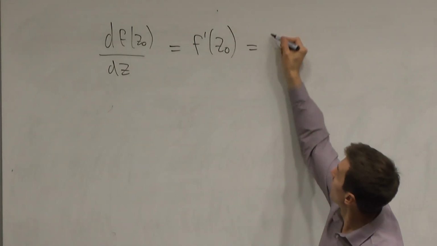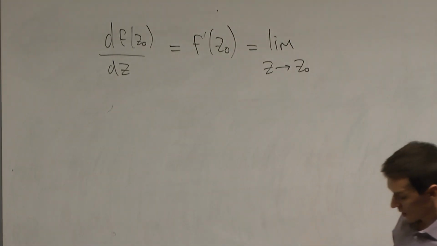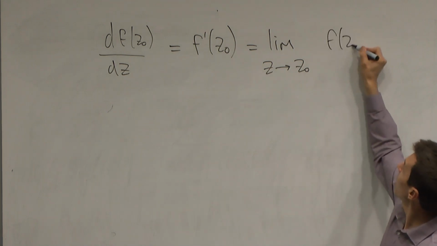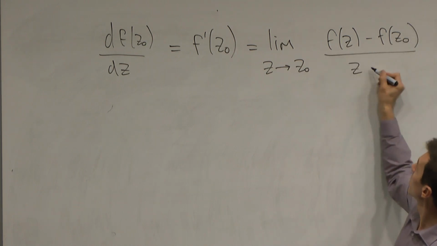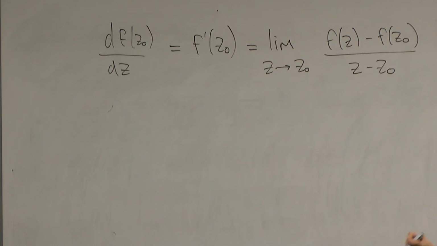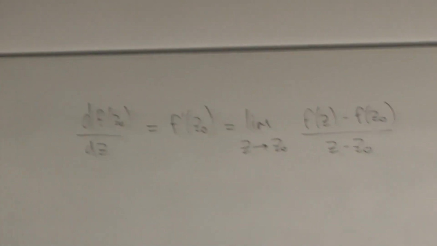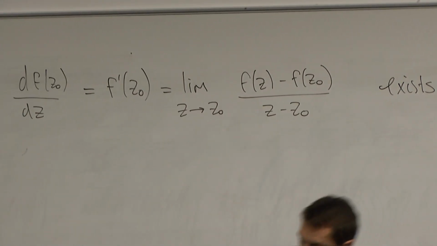Okay, but the limit then is the limit as z tends to z0, the point at which we're looking at the differentiability, of f of z minus f of z0 over z minus z0. So let's put this into context. So this function f is called complex differentiable at the point z0 if this limit exists.